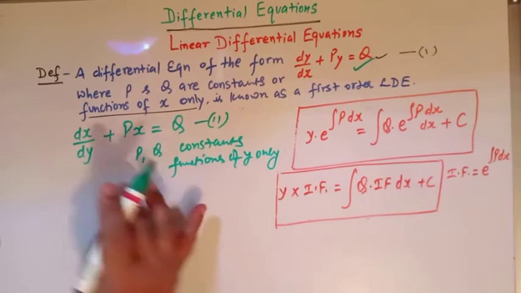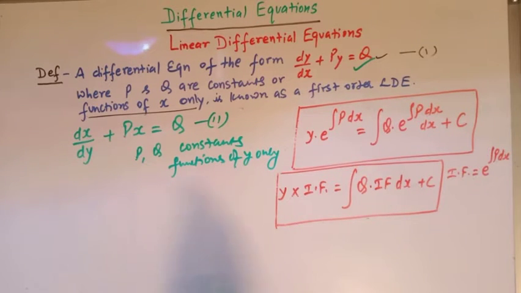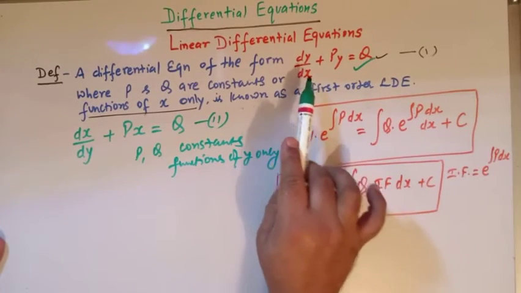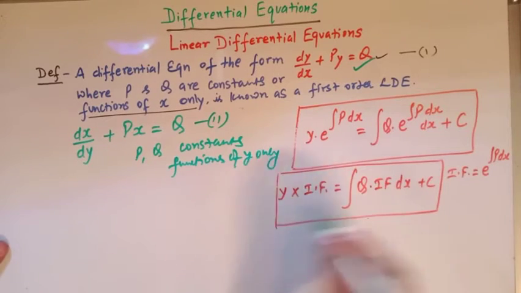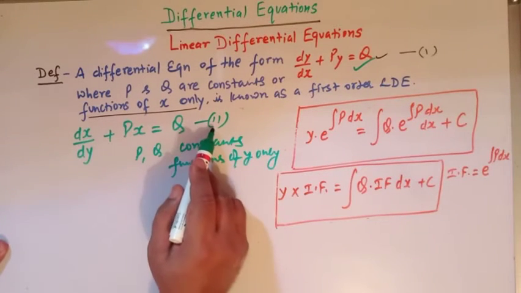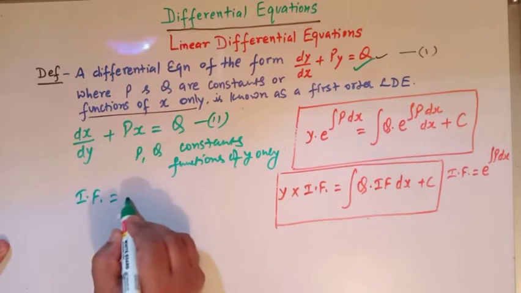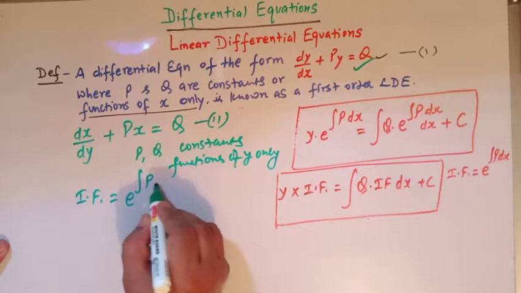Clear? And the method of solving this type of linear differential equation is absolutely the same as we have done in equation 1, with the difference that in equation 2, the integrating factor will be e raised to the integral of p dy.